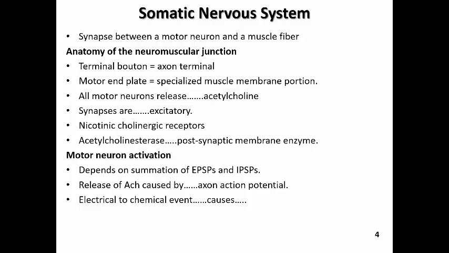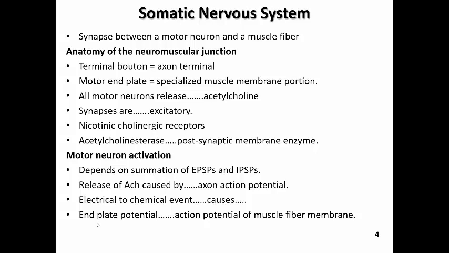The action potential, as I will describe in the next few videos, is an electrical event. The electrical event will trigger a chemical event. That chemical event is the release of the neurotransmitter from the terminal axon that will then activate the skeletal muscle fiber at what's called the motor end plate.